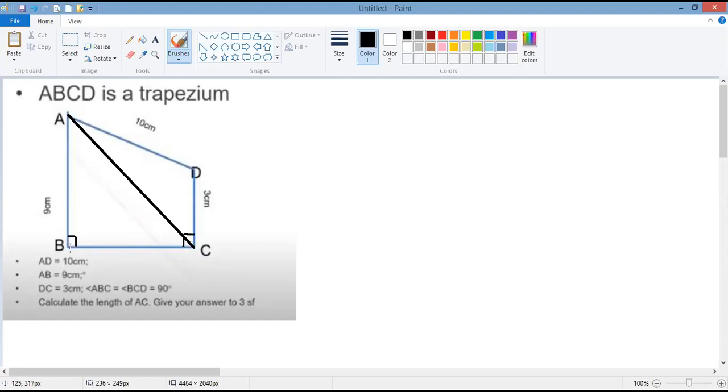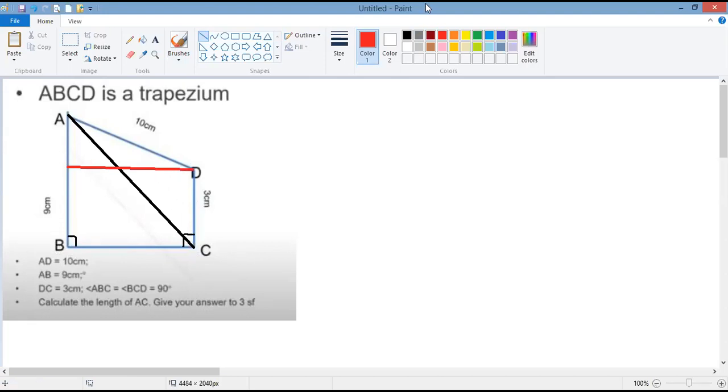Notice that here is also 90 degrees, which means this straight line from here to here will be the same as BC.